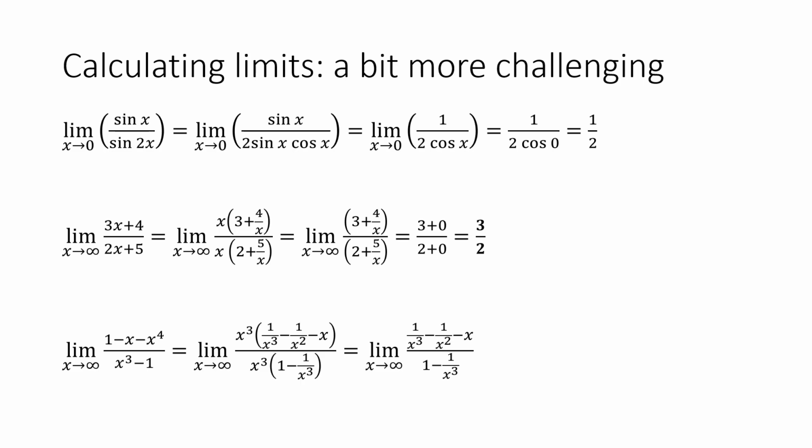And now with the same logic as what we saw before, all those things with an x in the denominator are going to go to 0. We do still have this minus x, the minus infinity, which is fine. Minus infinity divided by 1 is not a problem. It's not an indeterminate form. It is going to negative infinity in this case. Just again, be careful with those negatives and positives.